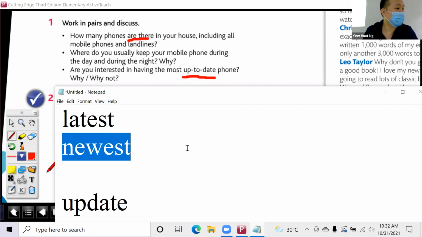Okay. Like right now, if you look at my phone, okay, my phone is iPhone 12 Pro Max, right? This is the newest phone in my house. Is it new? It's very, very new. I've not used it. But is this the latest phone?